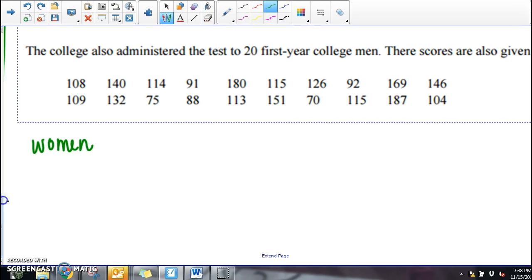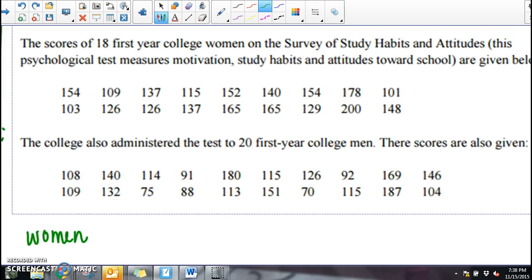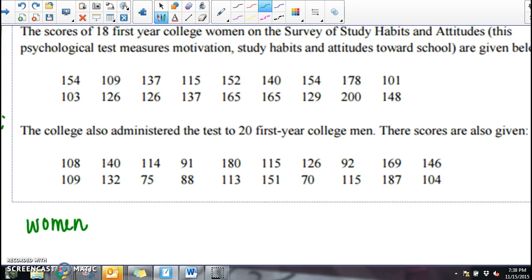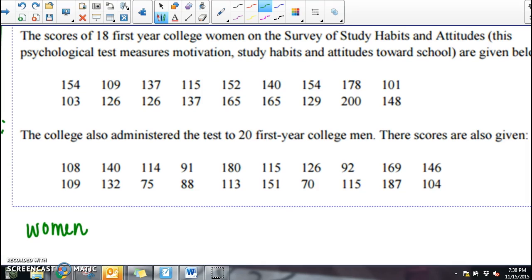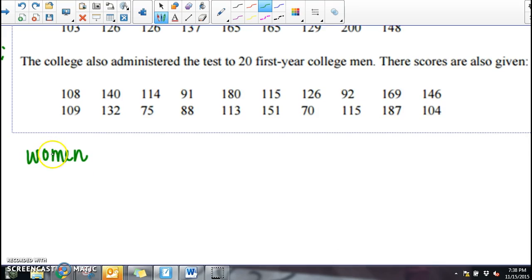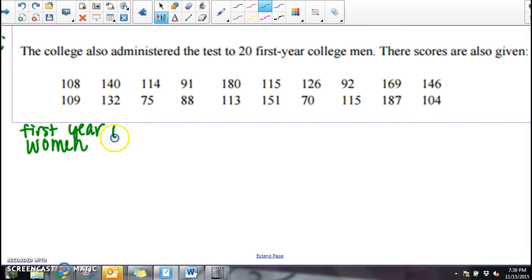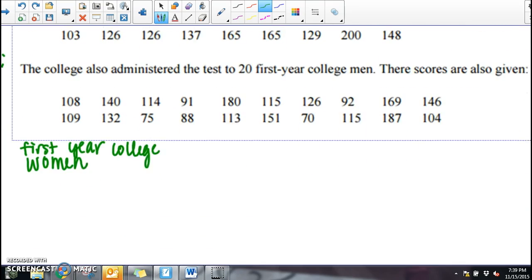And it is our title. Sorry, back up. Our title would be First Year College Women on the Survey of Study Habits and Attitudes.